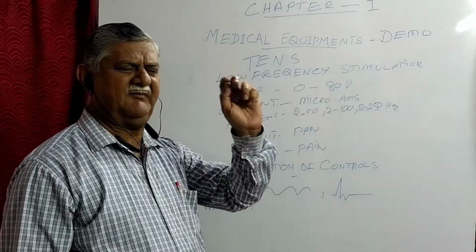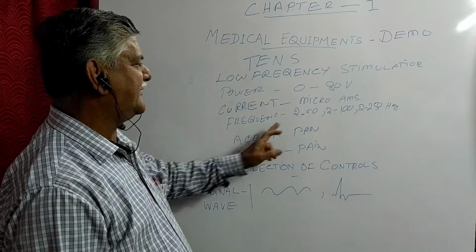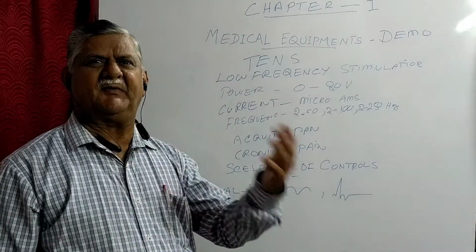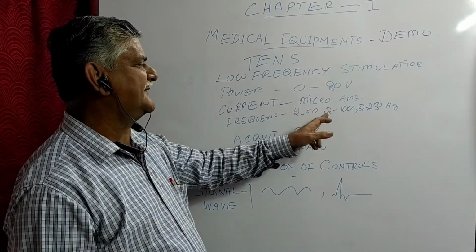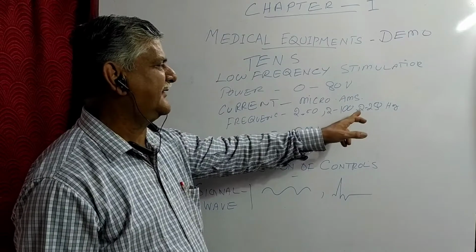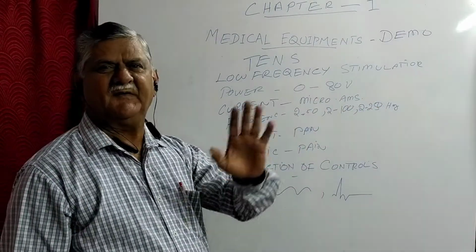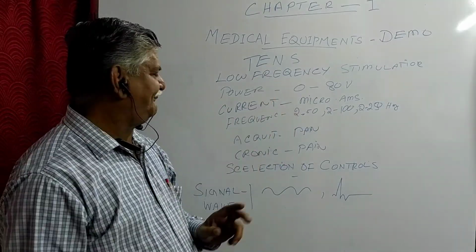That is a very mild current we are giving. Frequency: different types of TENS have different frequencies. Some TENS have 2 to 50 hertz, some have 2 to 100, sometimes 2 to 500 hertz. This is the frequency available in the different varieties of TENS.